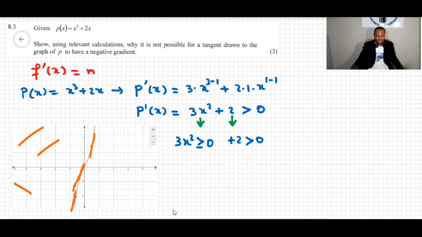So because of this condition, here I'm going to write: therefore 3x squared plus 2 will always be positive. Okay. Therefore, it's not possible to have a tangent with a negative gradient. Thank you.